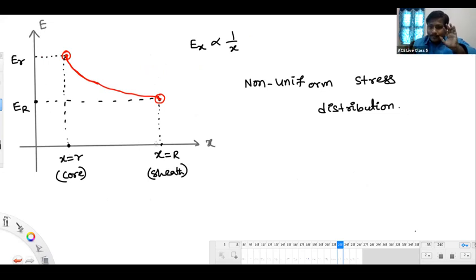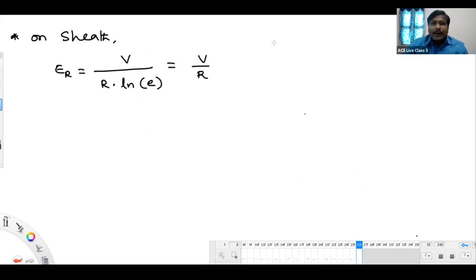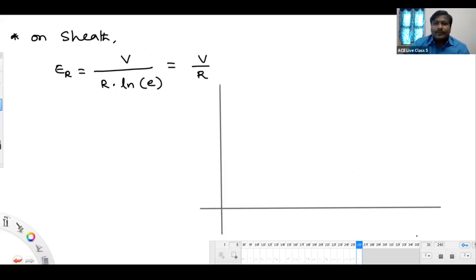But now I'm taking up the variation in the field intensity on the core surface only, with respect to small r by capital R. Not throughout the length, only the core surface, with respect to different dimensions of the cable.